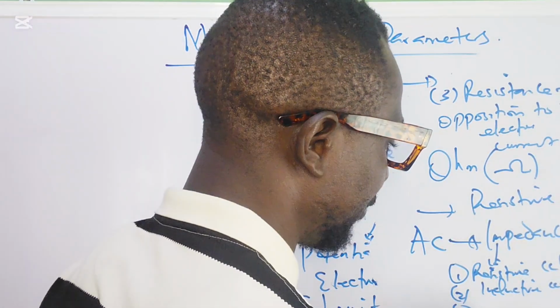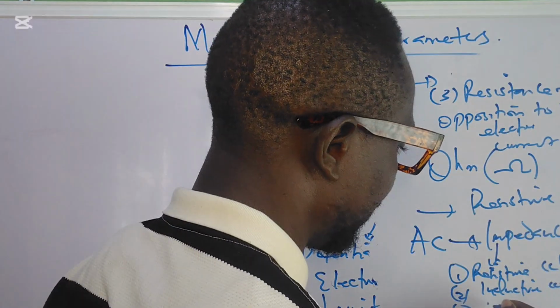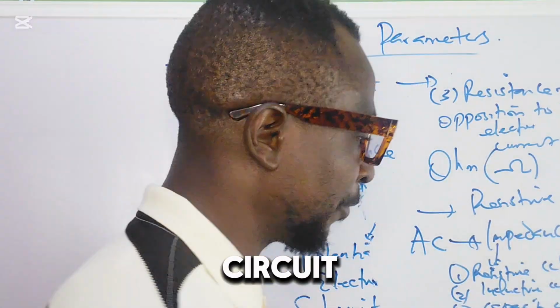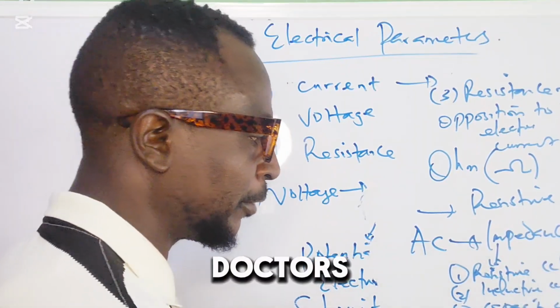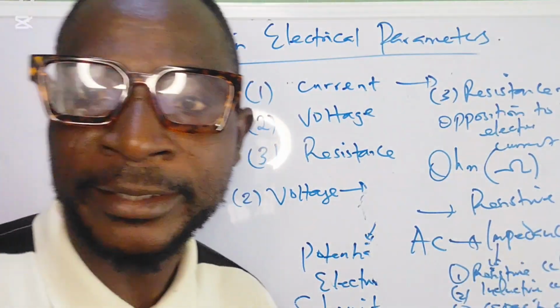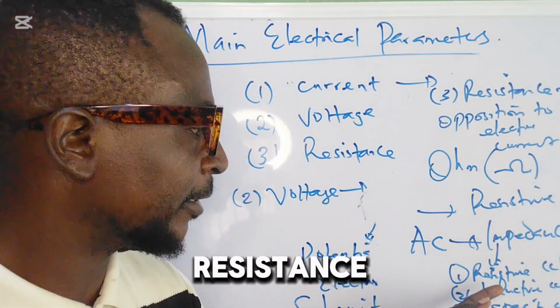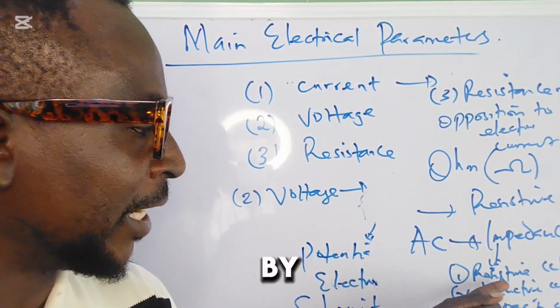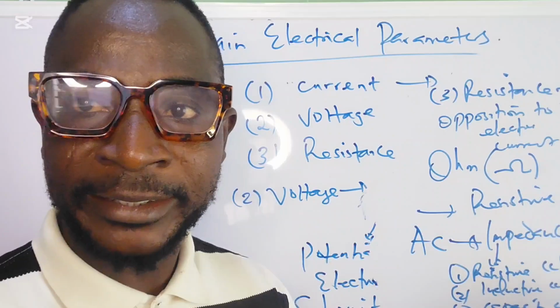Here we talk of capacitive circuit. So we have resistors, inductors, capacitors. So the resistance offered by a resistor is what we call resistance.